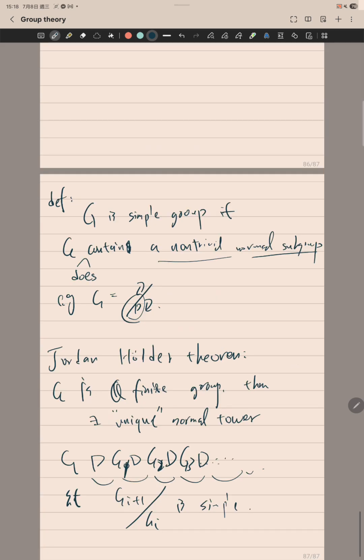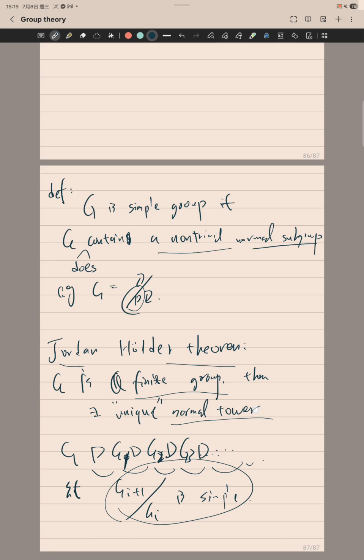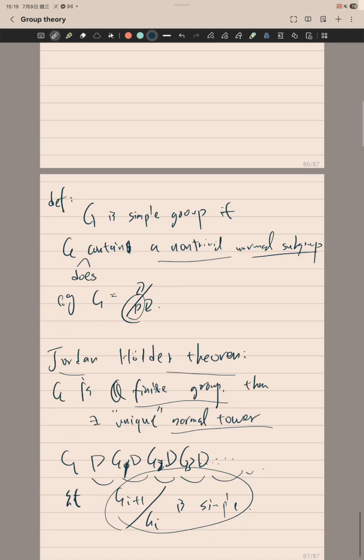So what this Jordan-Hölder theorem says is that any finite group has this normal tower decomposition, and the quotients are simple. So this is somehow a structure theorem, right? It is similar to linear algebra, where if you are diagonalizable, fine, and if you are not diagonalizable, then you can do a Jordan form, right?